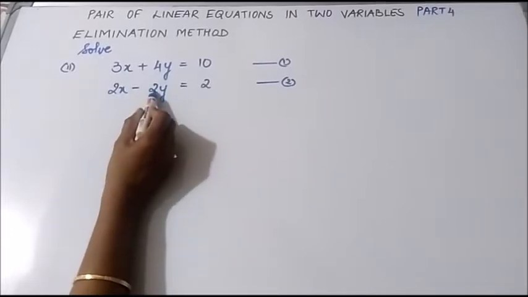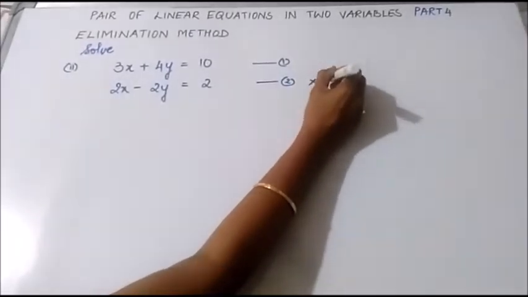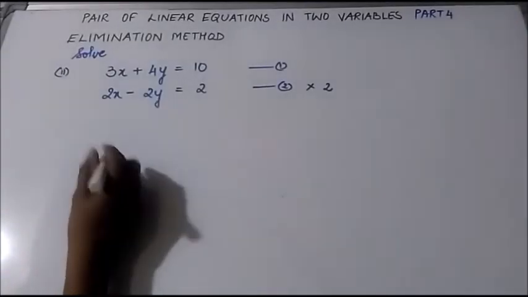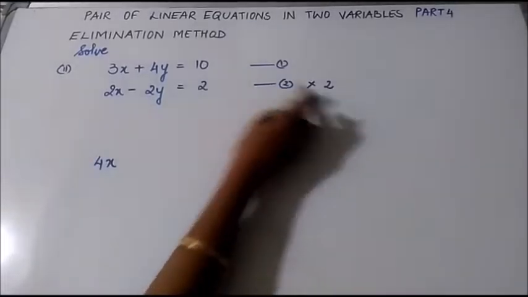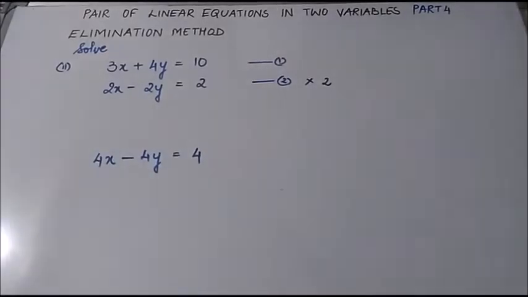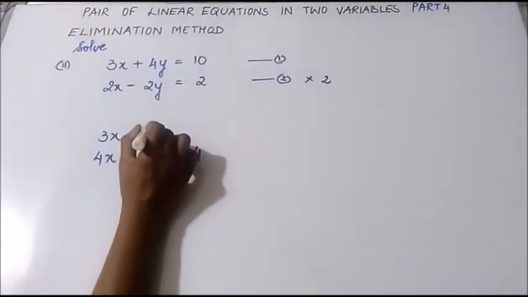If I multiply 2 by 2, it will become 4. So the second equation we multiply by 2. When you multiply the second equation by 2, what do we get? We get 4x minus 4y is equal to 4. And the first equation we write as it is.